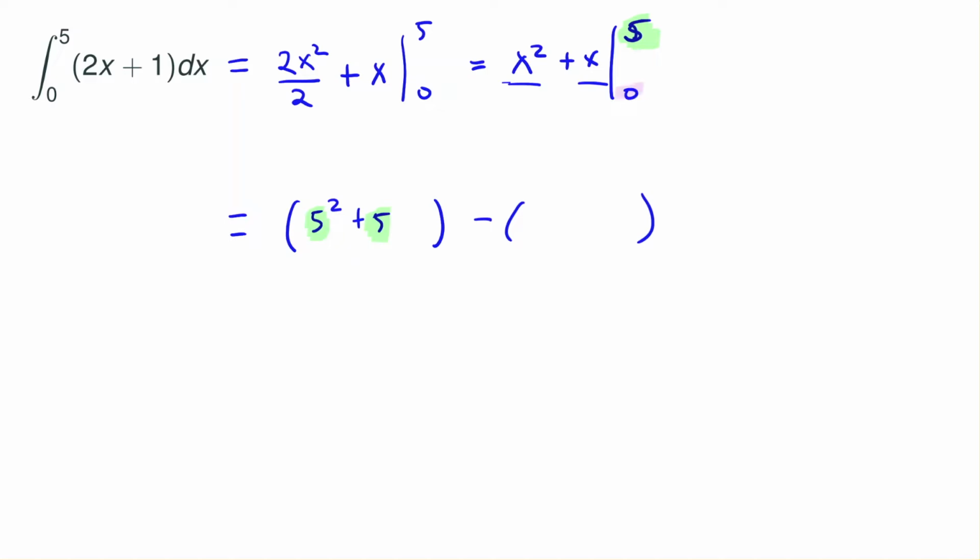So I'm highlighting this in this color as 0. So I get 0 squared plus 0, which gives us 25 plus 5 minus 0, which is 30. So this is our final answer.